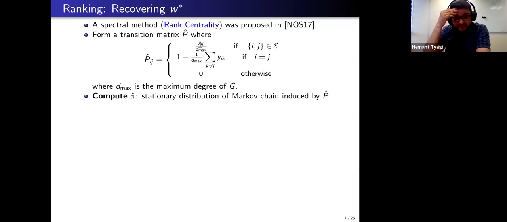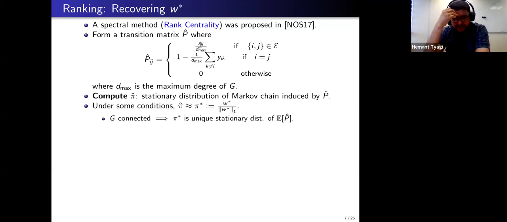Well, now I claim that you can actually just compute the stationary distribution of this Markov chain induced by P hat. And this is a good estimate for your latent strengths of the items. So it's very simple. You construct P hat, find the leading left eigenvector, which is the stationary distribution of this Markov chain, and then this pi hat is a very good estimate of the latent strength vector W star.